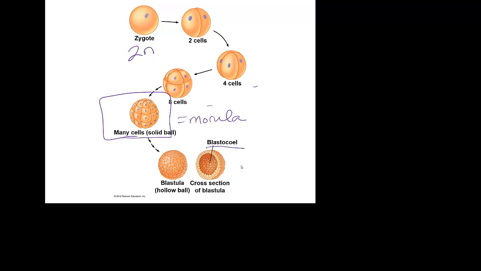Notice this word here, blastocoel. C-O-E-L is cavity. So essentially what we've produced is a ball of cells with a cavity in the middle. And we said this cavity is actually going to be fluid filled. This becomes important for producing and providing nutrients for our cells as they grow so fast.